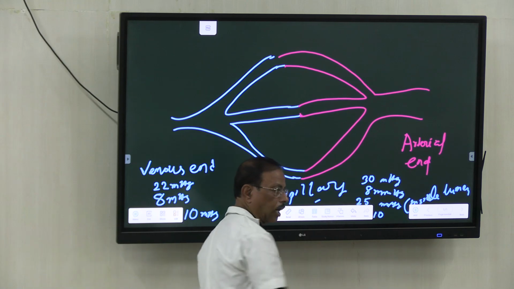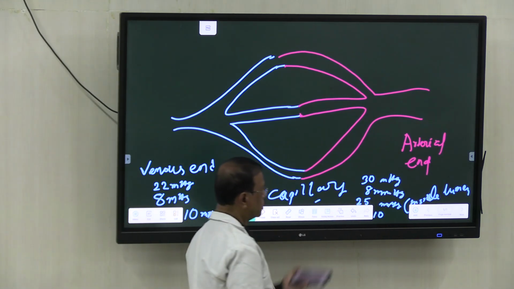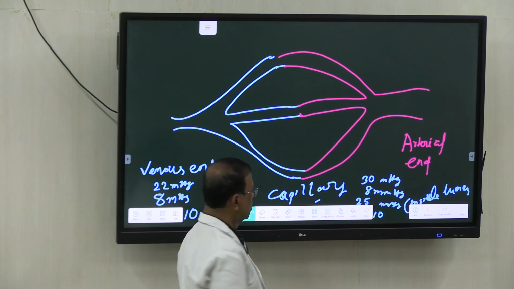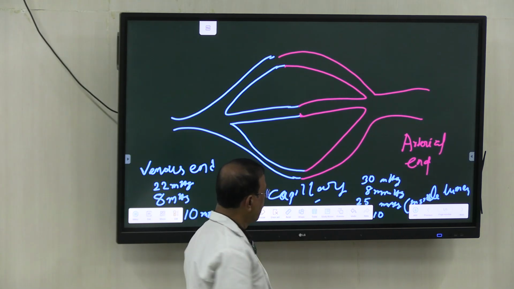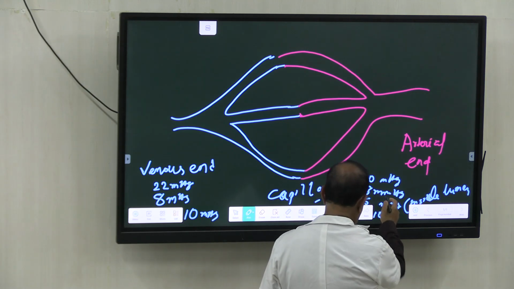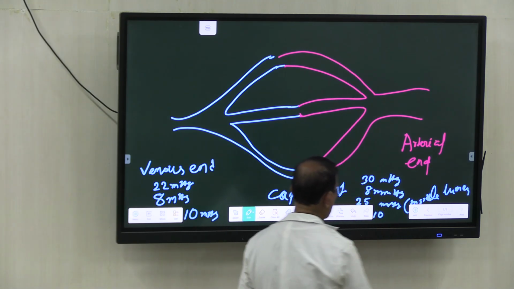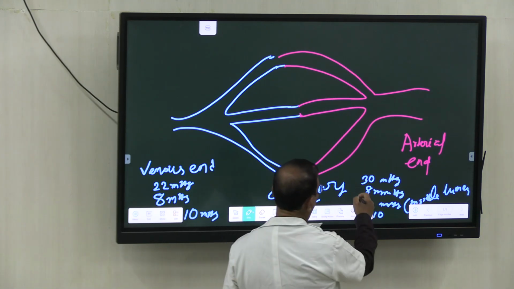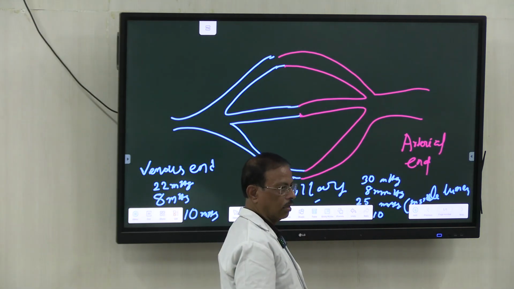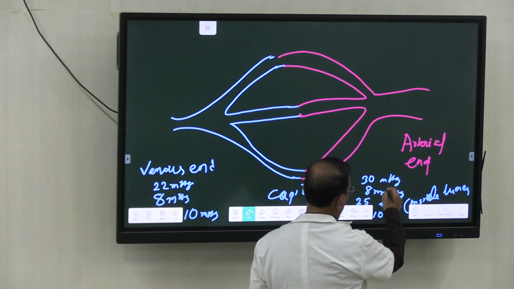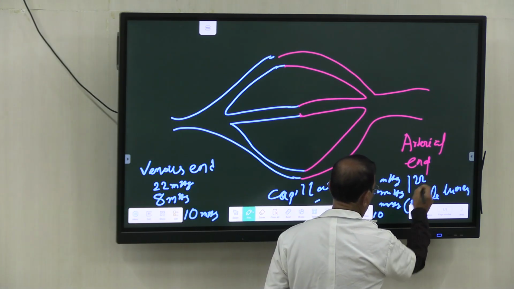So in the arterial side, this blood pressure will try to push fluid out into the tissue part. Again, this hydrostatic pressure will try to push the fluid inside the capillary. So there is a difference of 22 millimeter.